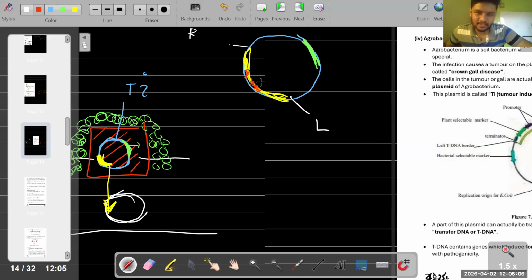Now don't panic. Again, a DNA segment. This is called virulent genes. Now, don't think these are separate. Transfer DNA contains virulent genes. Is it clear?